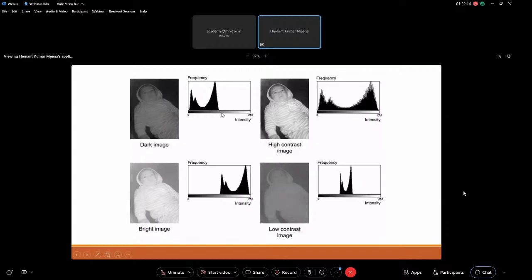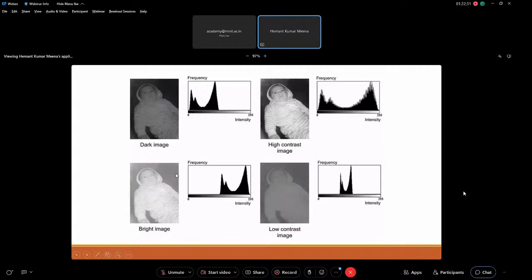In the high contrast image, where the values are well distributed, it is far better to see the child in comparison to the left one.